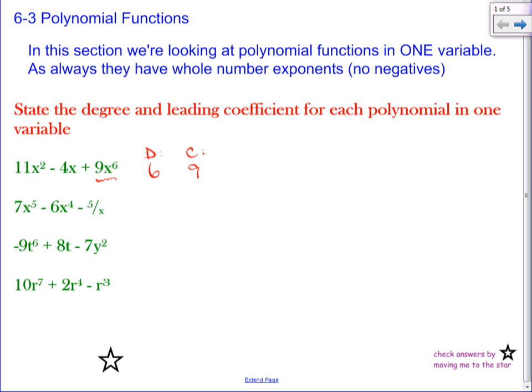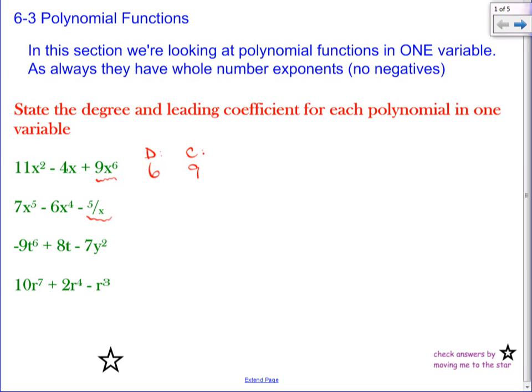I would agree, but what's maybe not good about this? Next problem. What's wrong with this? Tell me why that's bad. Because it's a fraction.